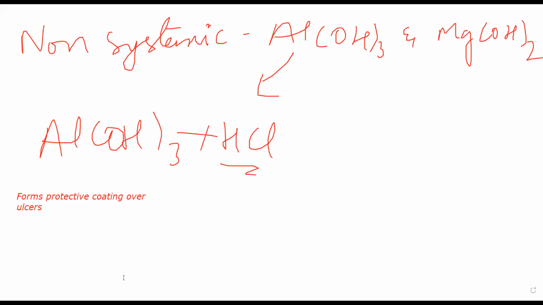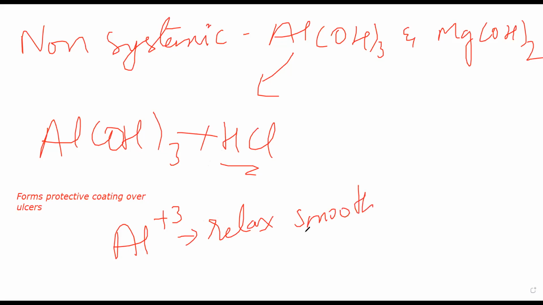And aluminum ions, Al3 plus ions that are released inside your stomach whenever this fellow is reacting with hydrochloric acid, have the property of relaxing smooth muscle, smooth muscles inside your stomach. What happens with this?